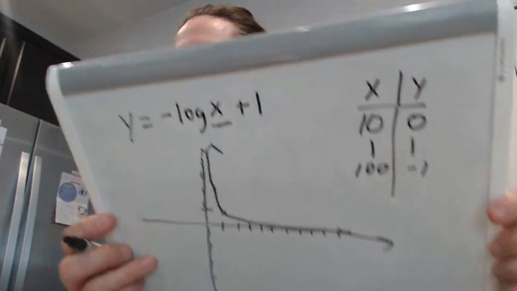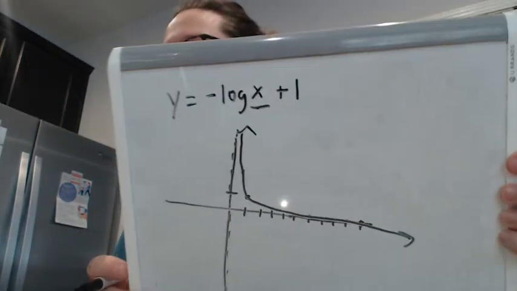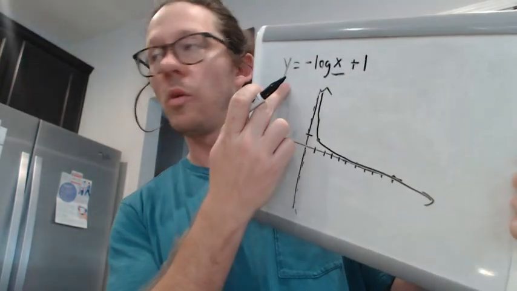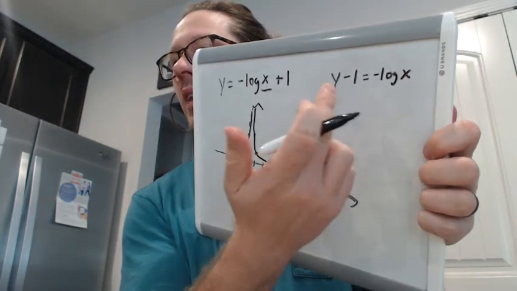Okay, and you could graph that pretty easy on the calculator because it's already base 10. But remember, if you didn't want to mess with the logarithms, you could subtract this 1 over, right? Subtract the 1, so you get y minus 1 equals negative log x. Okay, divide everything by -1.